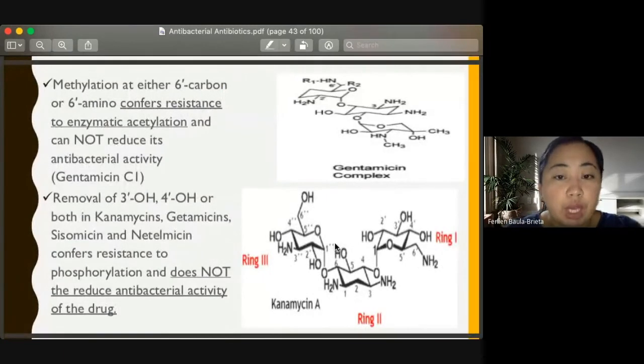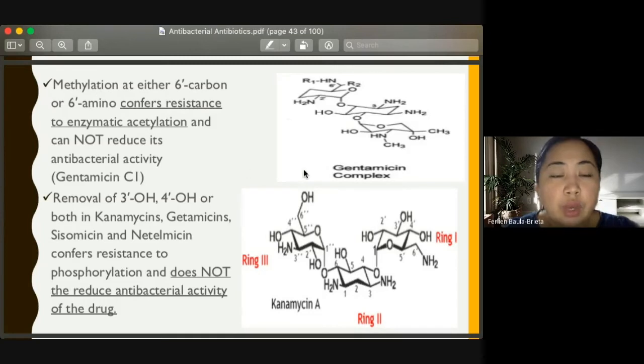Another upgrade on our aminoglycoside is this methylation at either 6 carbon or 6 amino. It will confer resistance to enzymatic acetylation and cannot reduce its antibacterial activity. An example is for our gentamicin complex. So, methylation at either, when you say methylation, you add methyl group.